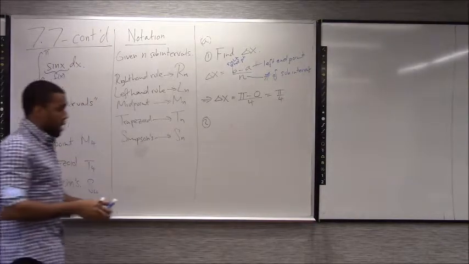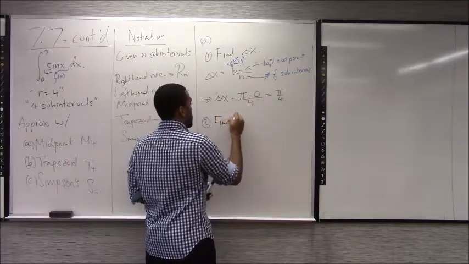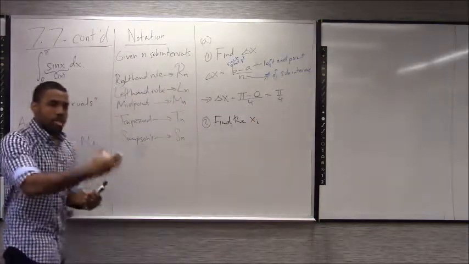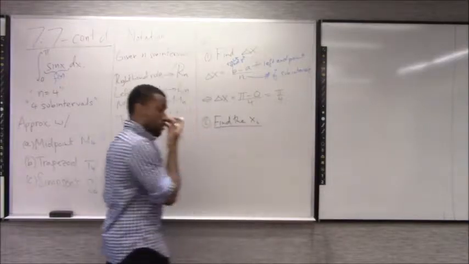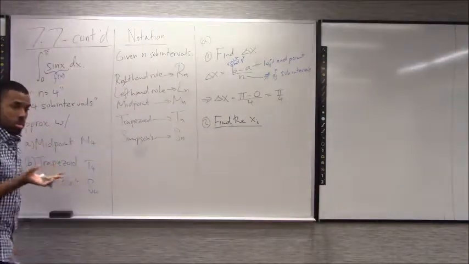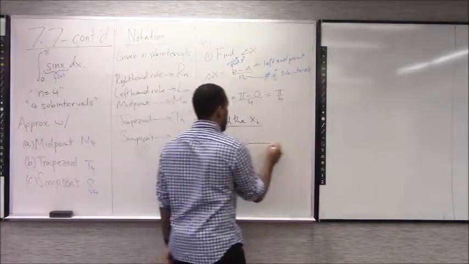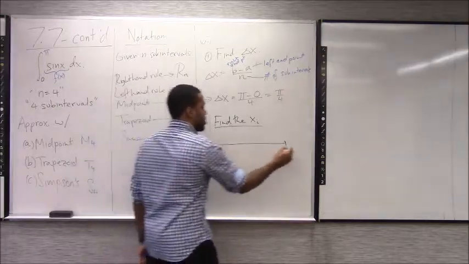So what I would like to find here is the x sub i. They number them: here's your x1, your x2, your x3. There are many ways you can do this, but I like to draw a picture of the interval, cut it up, and then add them up. So here I have 0 to pi.